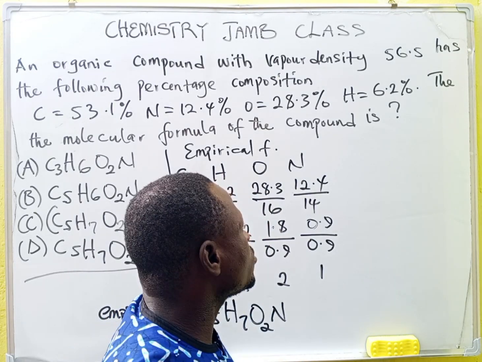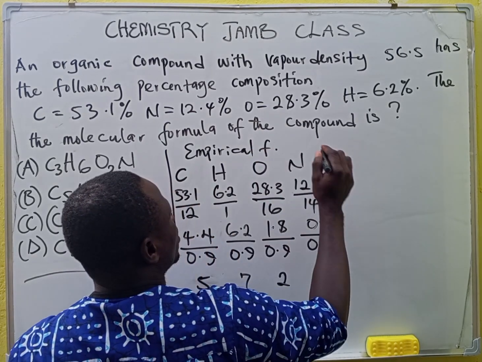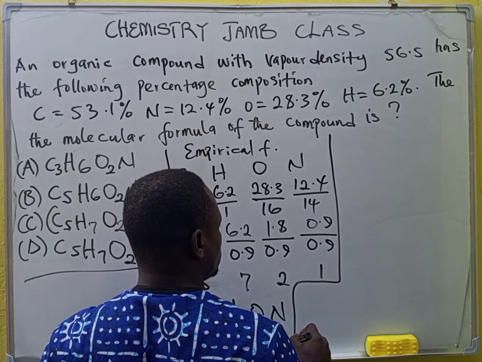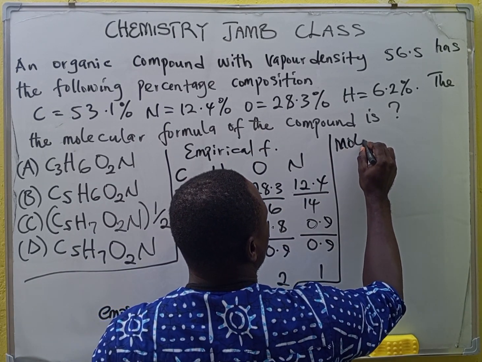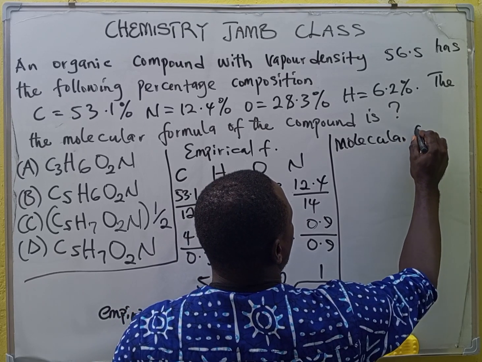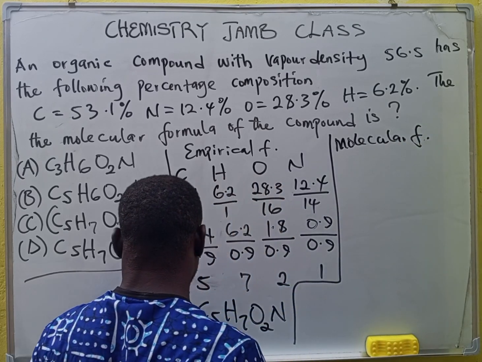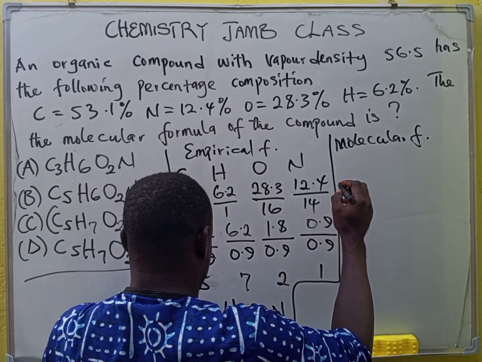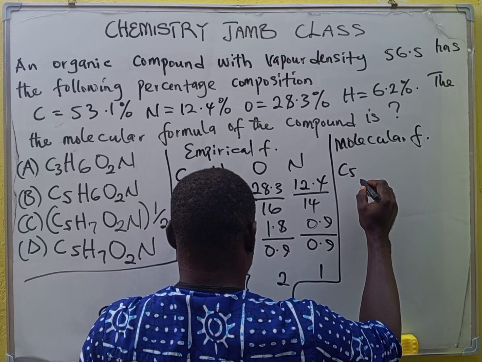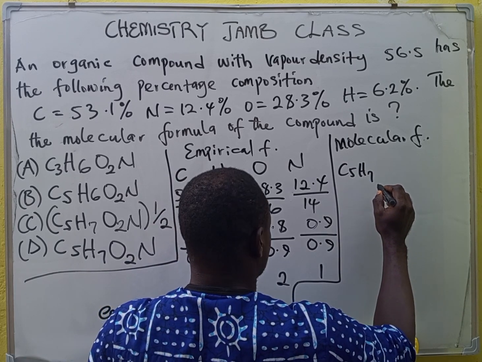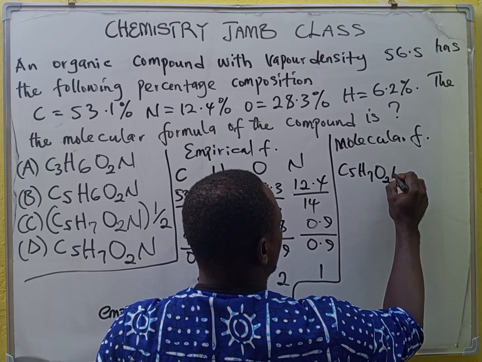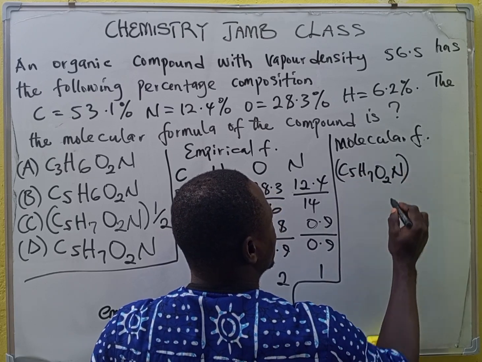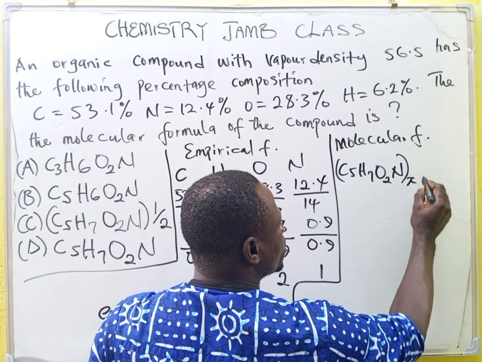Do you understand? Now our molecular formula. You take this one, C5H7O2N, put it in brackets, and put x there.